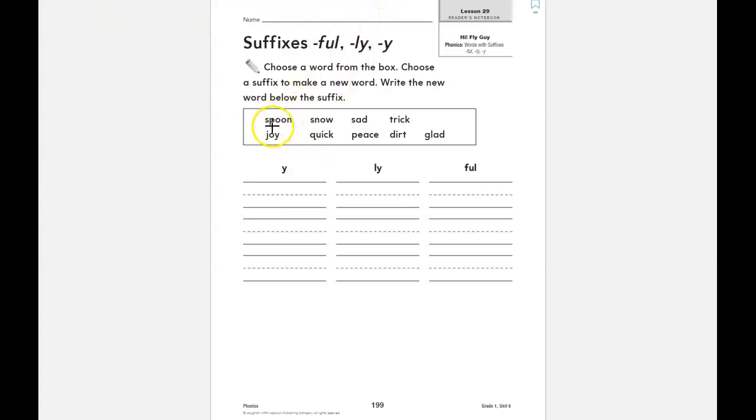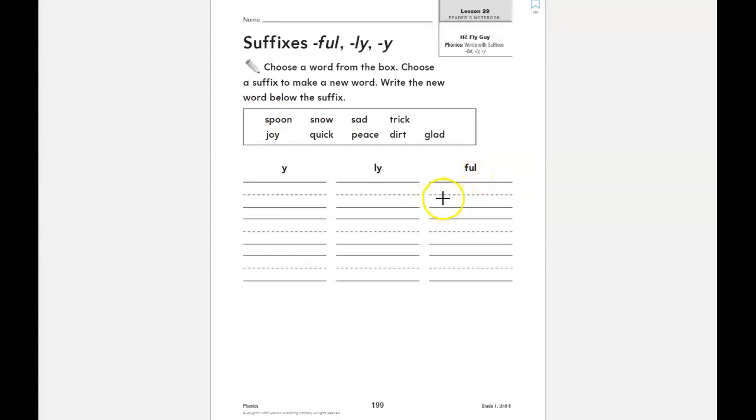Let's take the word spoon. With the word spoon, if I add e to the end, it becomes spoony. If I add ly to the end, it becomes spoonly. If I add full to the end, it becomes spoonful. The only word that would make sense to add spoon and the suffix together would be spoonful.